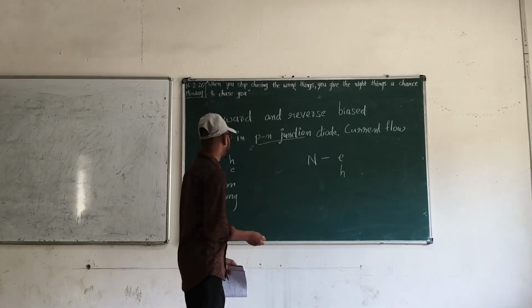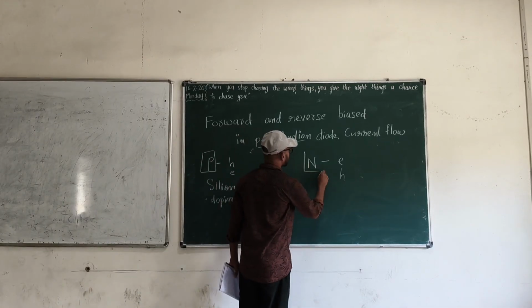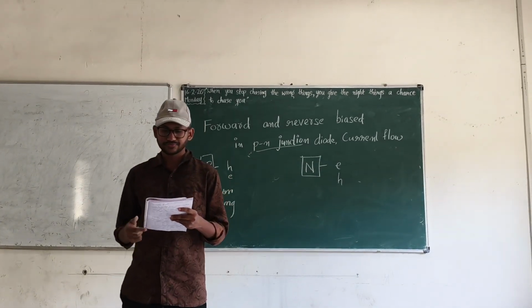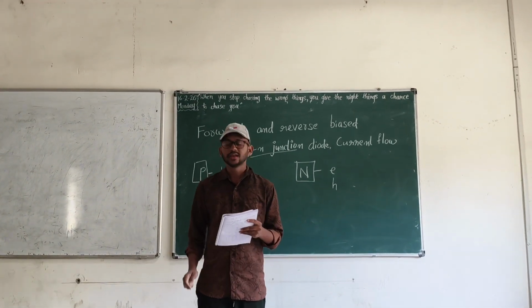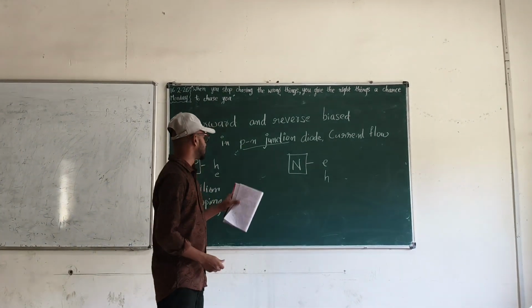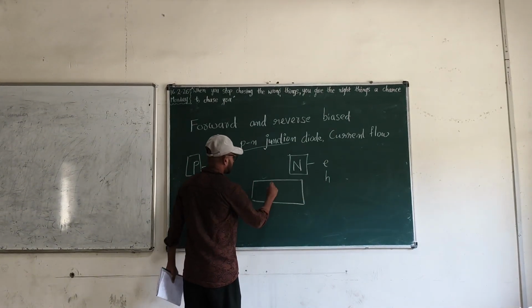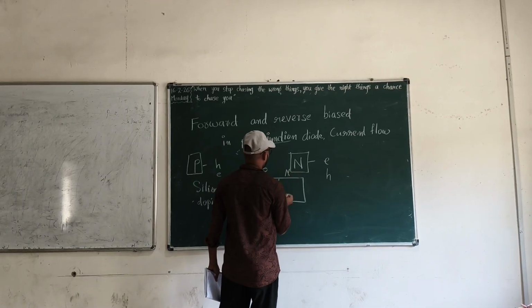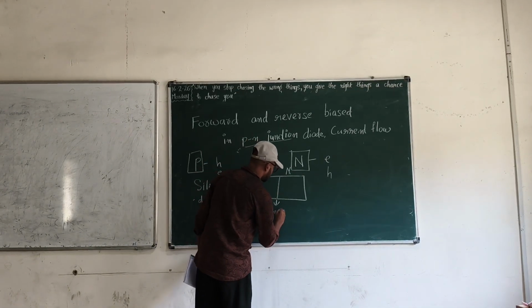When a p-type semiconductor material and an n-type semiconductor material are joined together to form a single crystal structure, we get a p-n junction.